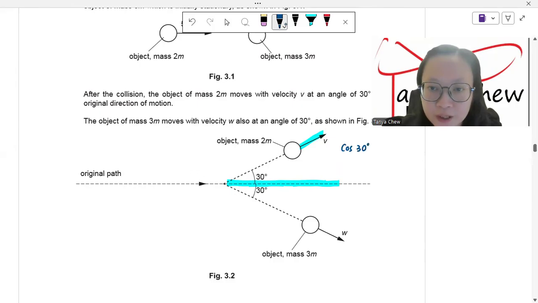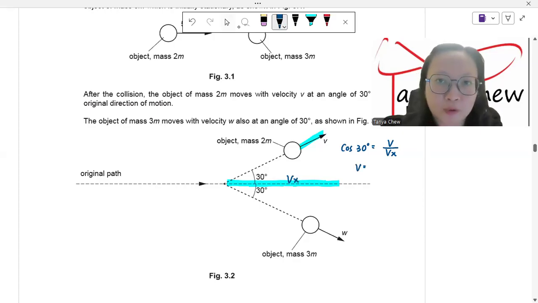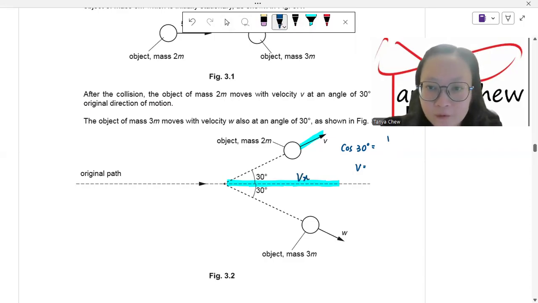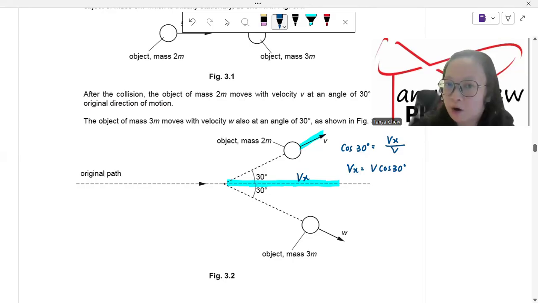So cos 30 is equal to Vx over V. I'll just put Vx, because this is V and the other one is W. So Vx is equal to V cos 30. I got my final velocity of mass 2m.